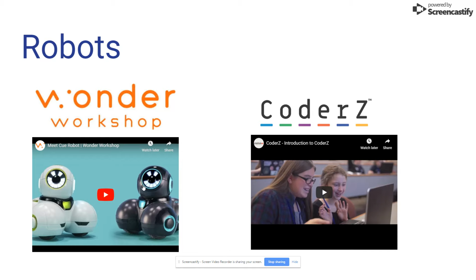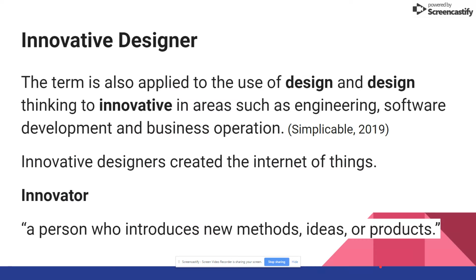So you have to program that robot. And there's a video for you to have an introduction on that. And then in this course, I found Coder Z, which is actually an online program where you program robots. So that's also another Internet of Things. So now we have things that we can do on the internet.